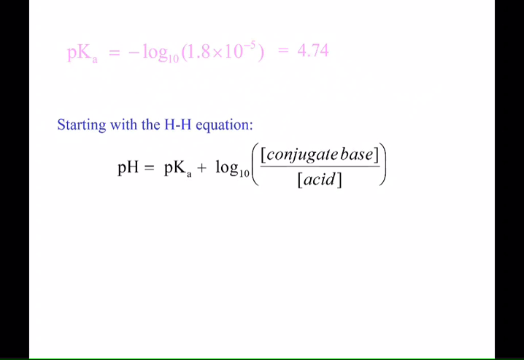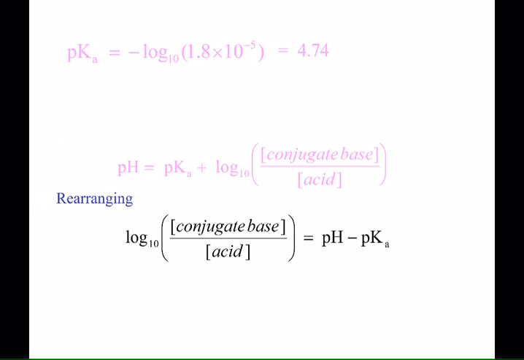Now there's a few ways. We basically have to tease out the moles of the base. Okay, there's a couple ways to work this. This way I'm going to rearrange the Henderson-Hasselbalch equation to isolate the moles of the base. And so remember, if I want to get to a quantity that I'm taking the log of, if I take both sides, 10 raised to that power, 10 raised to the log of this quantity is that quantity.